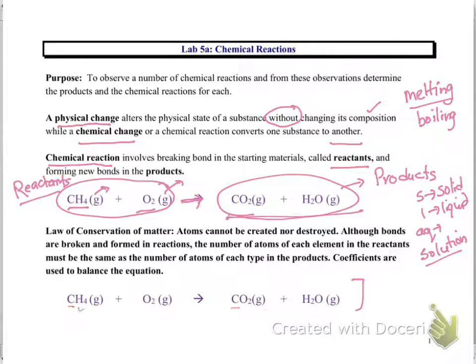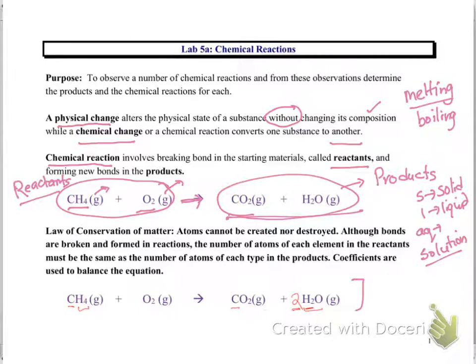There were 4 hydrogens here, so to make 4 hydrogens here, I will put 2 in the front. You always put the number in the front, which is known as a coefficient. So now 2 times 2 is 4. My hydrogens are balanced.